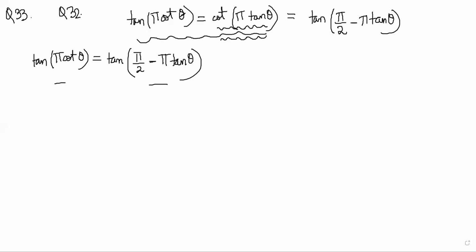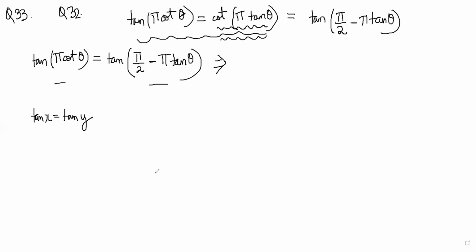So you have to simplify and find tan theta, right? What is the next step here? Tell me the next general solution. What do you have to do? How will you write this? If tan x is equal to tan y, what is the general solution?